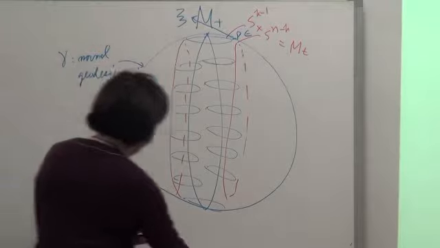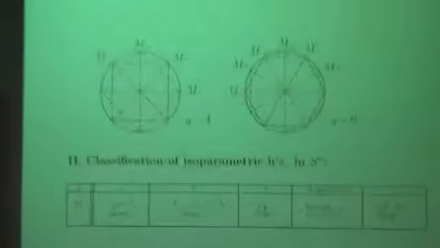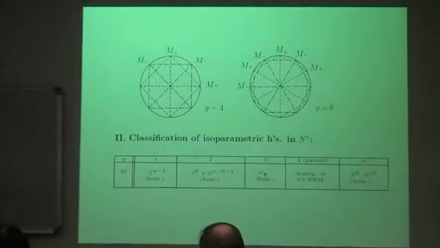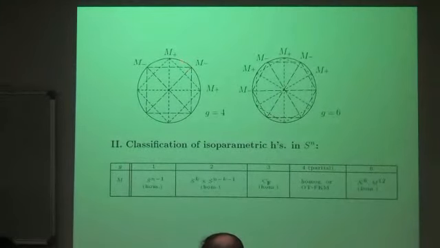So in this picture, this is a normal geodesic at some point here, and between here there is an isoparametric hypersurface M_t. So M_t is parameterized by this interval. So at each M_t there is the same normal geodesic. So this is a rough picture of the isoparametric hypersurfaces.